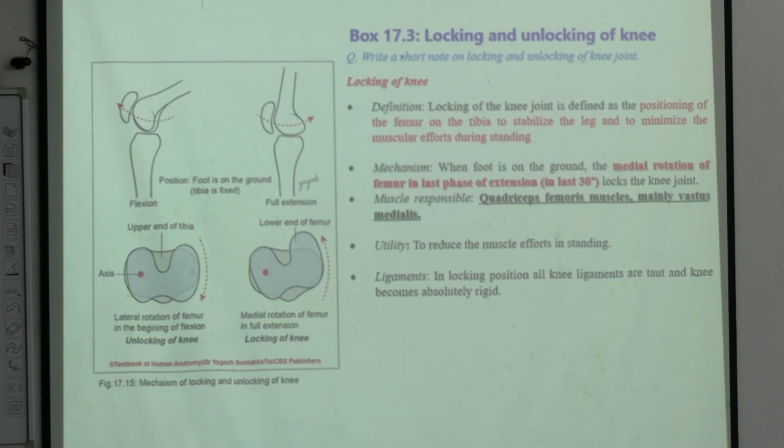How does the locking happen? It starts to happen during the last phase of extension of the knee joint. This is flexion of the knee joint. Now I am extending it. This is extension. This is the last phase of extension, where I make the leg straight. We call the last phase of extension the last 30-degree angle closure.